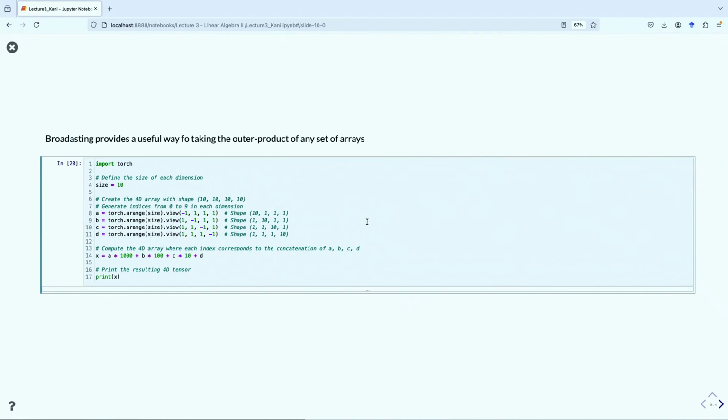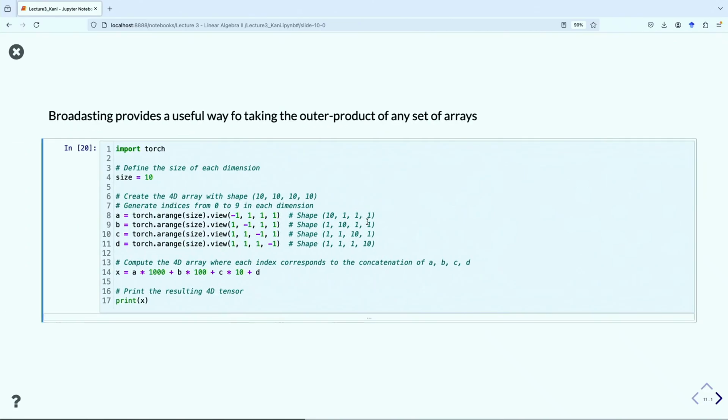So for instance, let's say I wanted to make this bigger. Let's say I wanted to define a 4-dimensional tensor, where each dimension corresponds to a particular digit, and the value of each element corresponds to the number ABCD, where A, B, C, D are digits of a number.